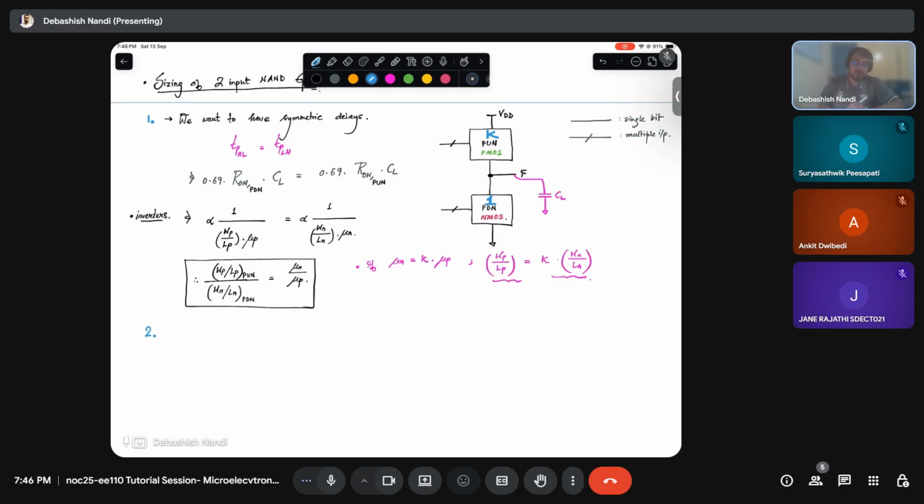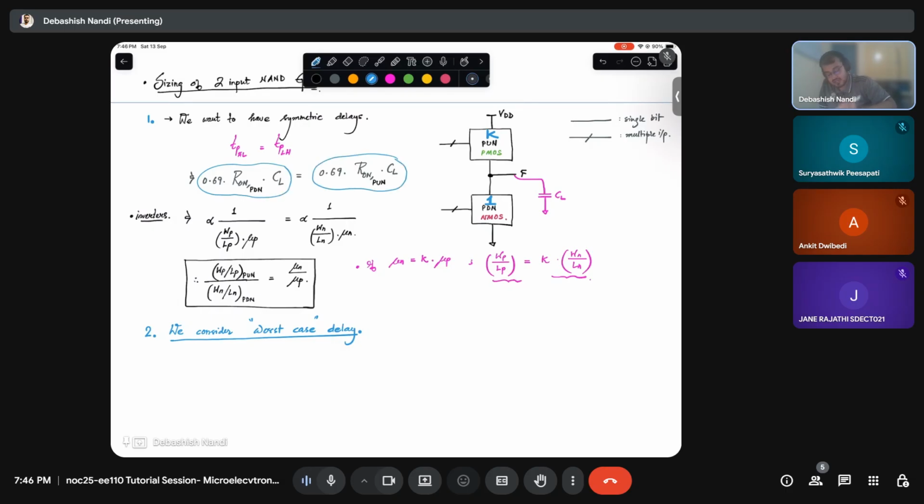So we consider condition number 2 is worst case delay. So what do I mean by worst case delay from this formula?